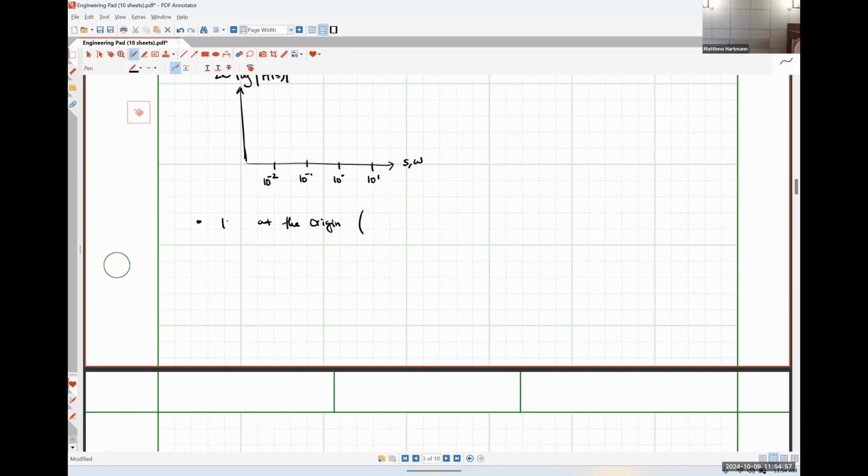Sorry, I'm getting myself confused. Pole at the origin first. We'll do zero in a moment. So a pole at the origin effectively means that we would have a transfer function of the form 1 over s, right? Because if this is my transfer function, the value that makes my denominator equal to 0 is literally just s equal to 0. So we all okay with that?